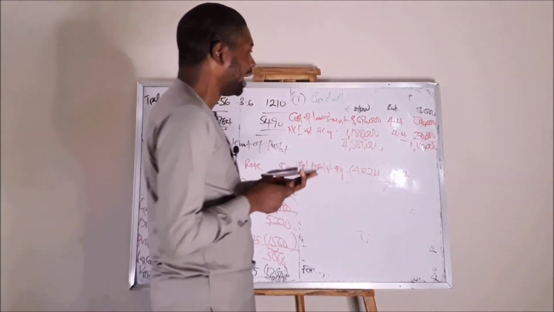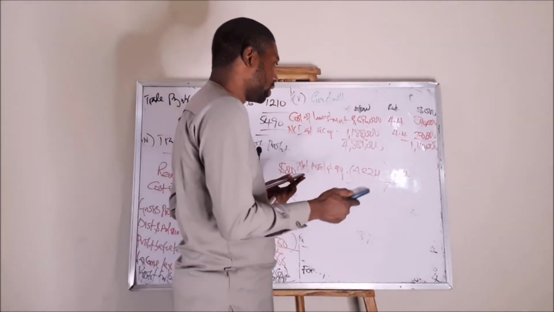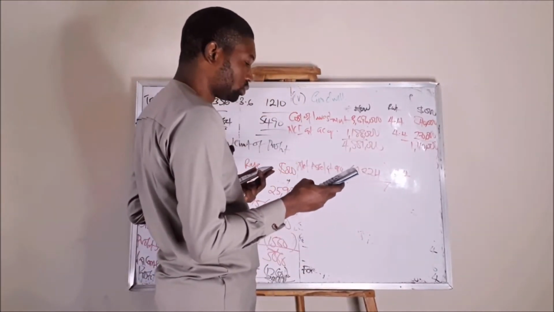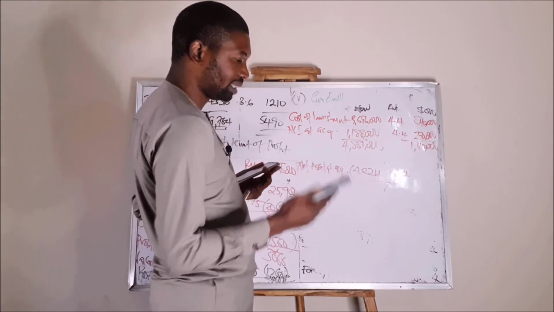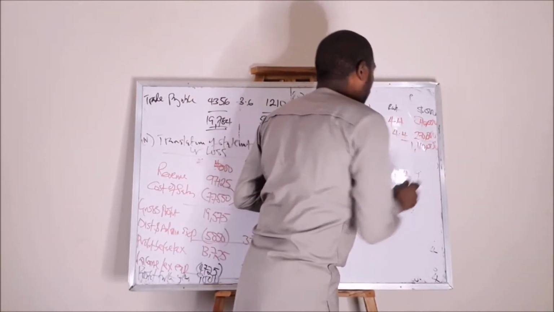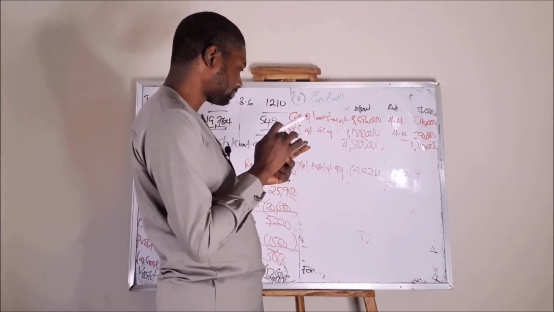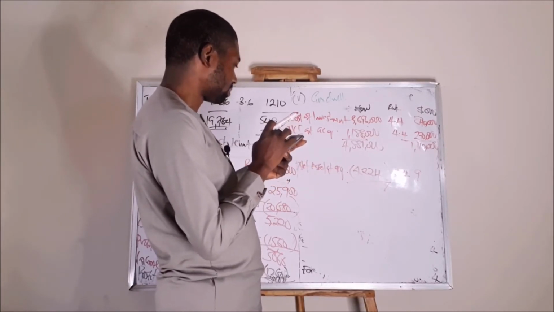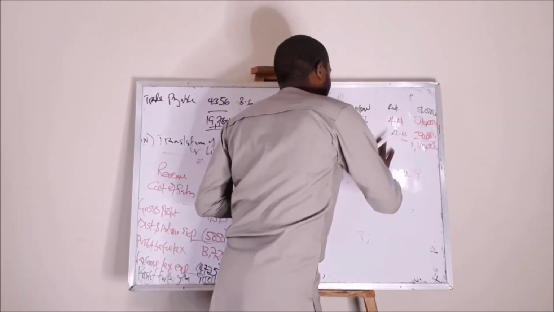And so here we are converting the lower currency into higher currency, so you divide. So 4,224 divided by 4.4 gives 960,000. Now, these things are already in naira signs.